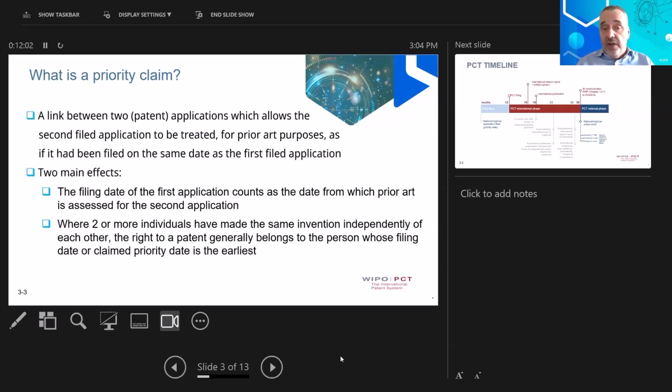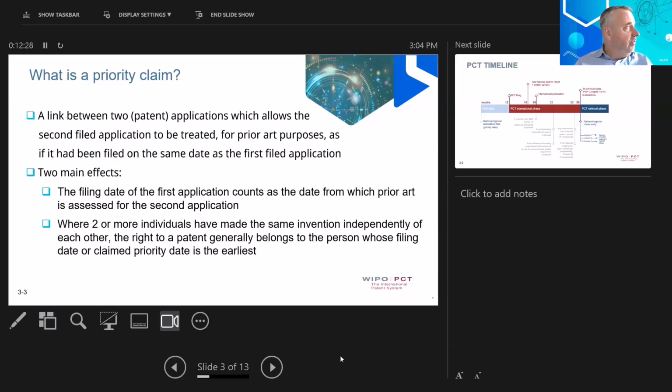It's of course extremely important for anyone filing an application to be aware of the prior art, but then the examiner at the office where you filed your application will also check whether, according to them, your invention is really novel. And so it's critical to know as of what date they will be looking at prior art and whether it's relevant.